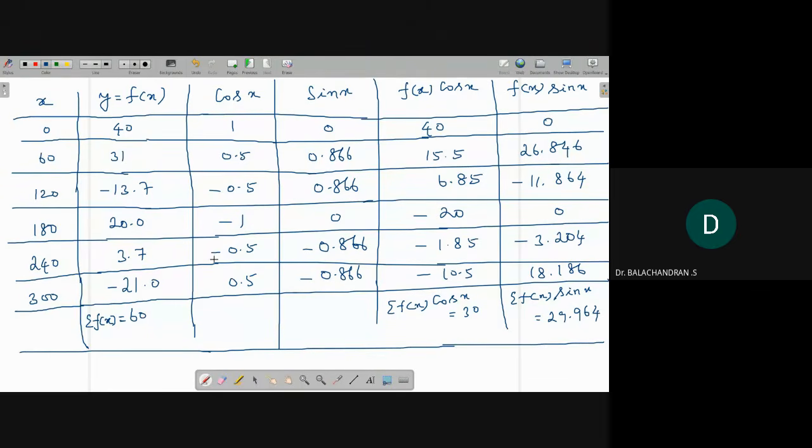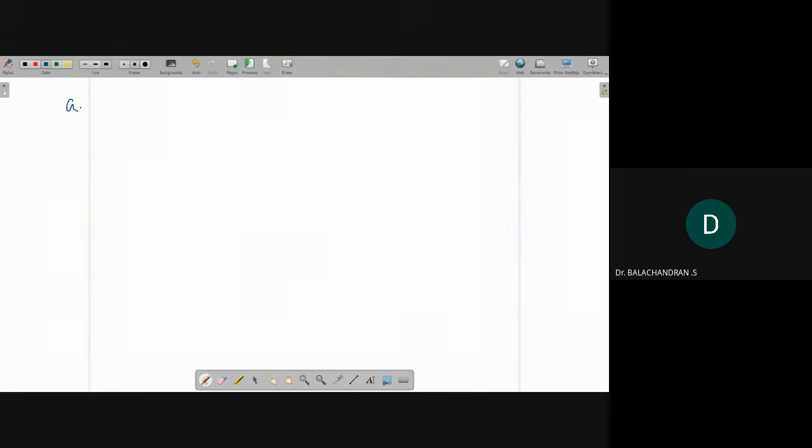So now we need to find A naught value, A1 value, B1 value. A naught is 2 into sum of f of x by n. So 2 by n is 6. Summation f of x is what? 60. This is 1 by 3, so 20.